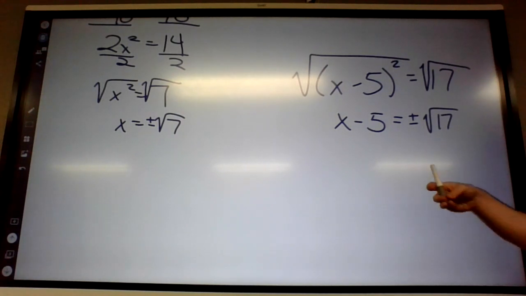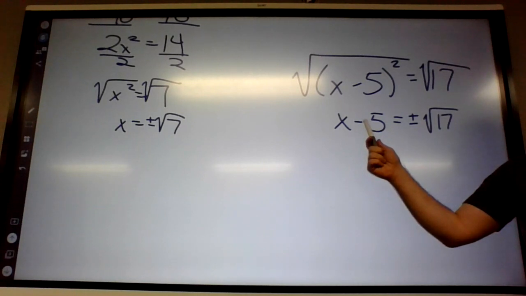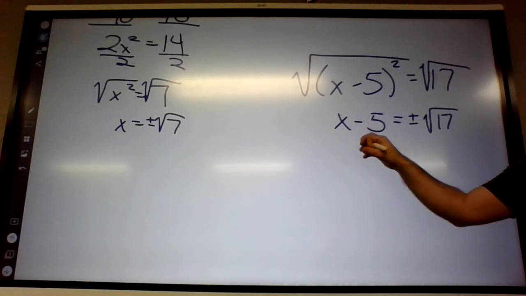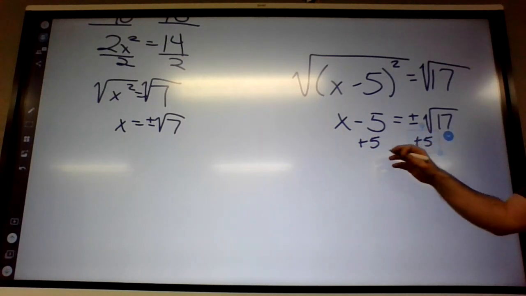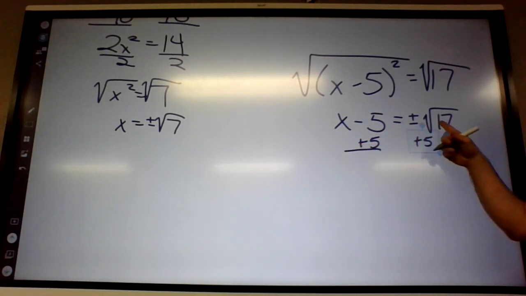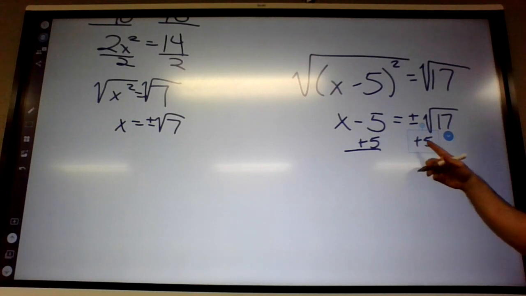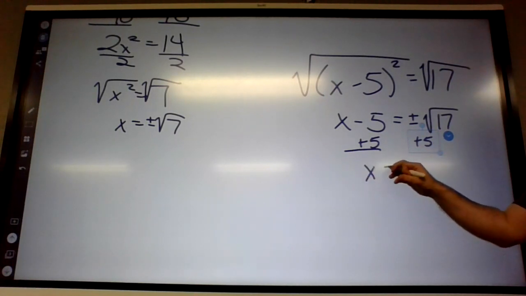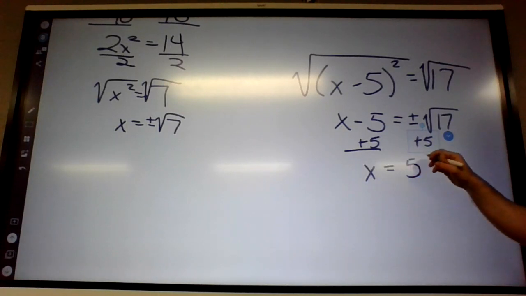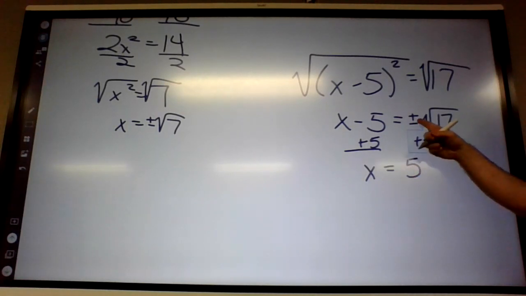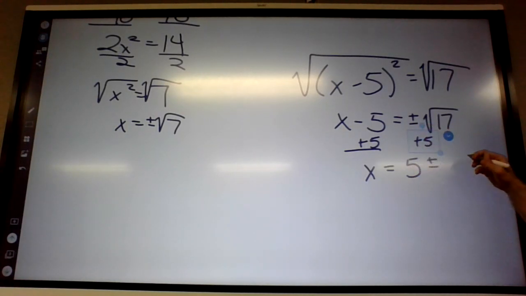How would I solve this for x? Plus 5. Now, does 5 plus square root of 17 simplify? No, they do not mix. So the way the book would write it, the neatest way, is just 5 plus or minus square root of 17.